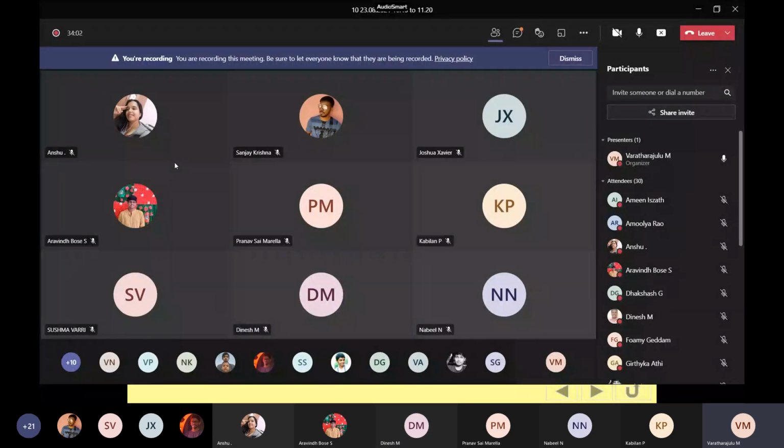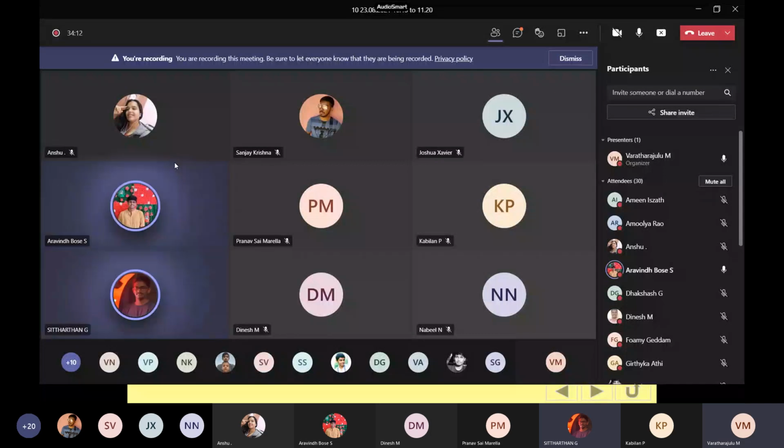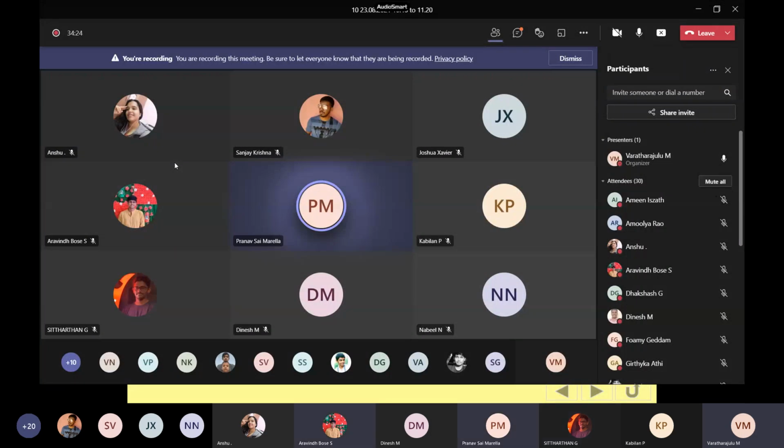Very good. Now tell me the third iteration result. 0.839287. Very good, Siddharth. Then Pranav, what is the fourth iteration? Same, sir.